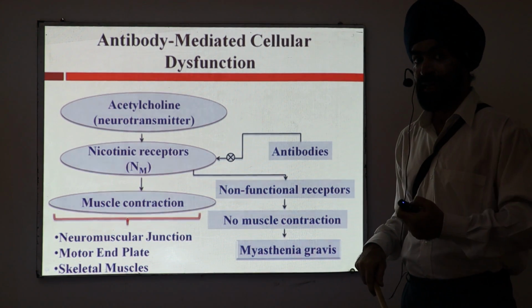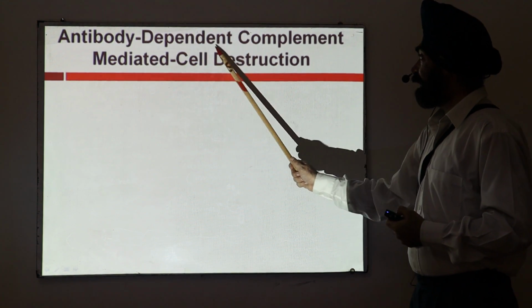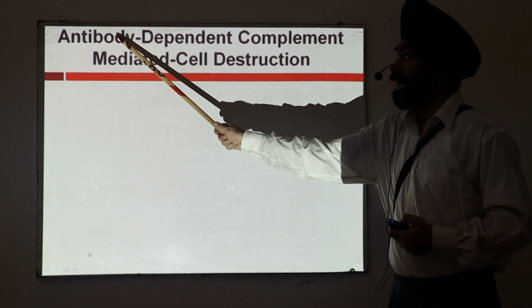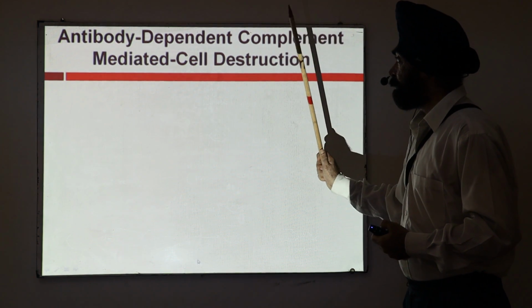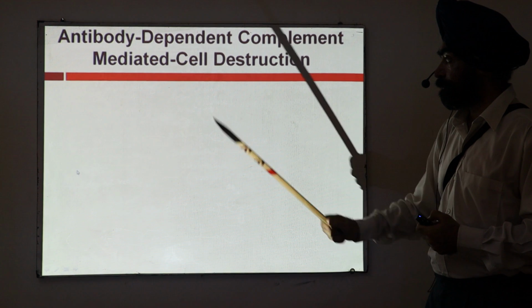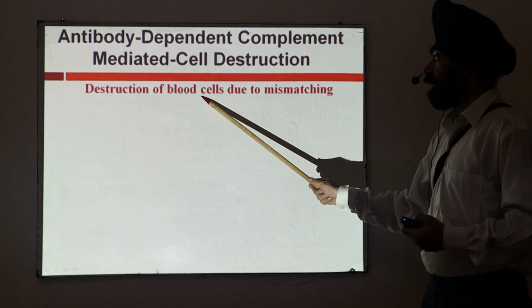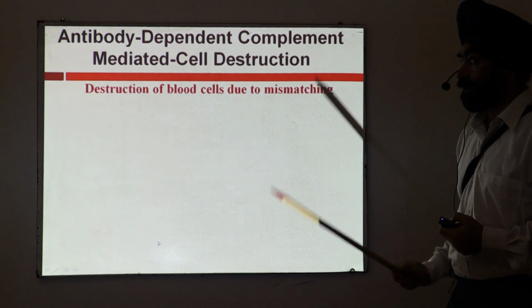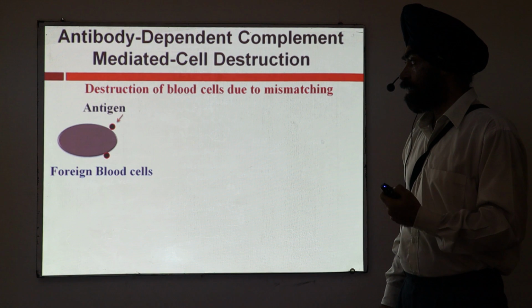Coming down to the second type of type 2. Here, antibody-dependent complement-mediated. That means the antibody will be activating the complement. This complement will produce the cell destruction. I will explain. So an example, as I told, is destruction of blood cells due to mismatching. Let's say this is the mismatched blood, foreign blood cells.